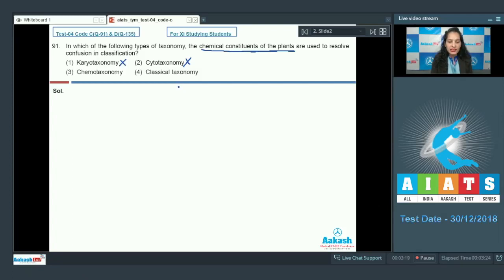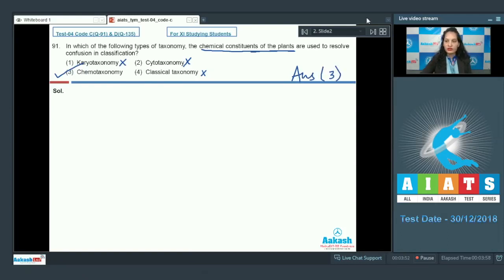It takes identification, characterization, classification and nomenclature into account. So this option is also ruled out. The left option is chemotaxonomy. Yes, as the name indicates, chemo means chemicals. So chemical constituents of different plants are used to resolve the confusion in the classification in chemotaxonomy. So the correct option for the given question is option number 3.